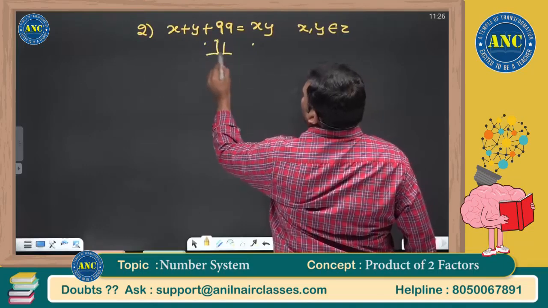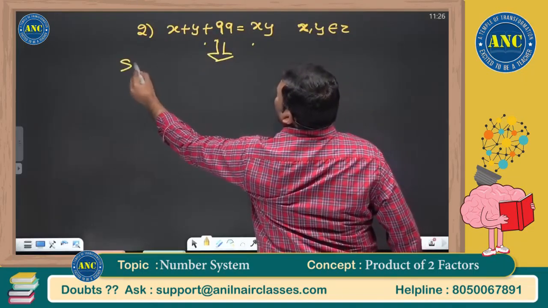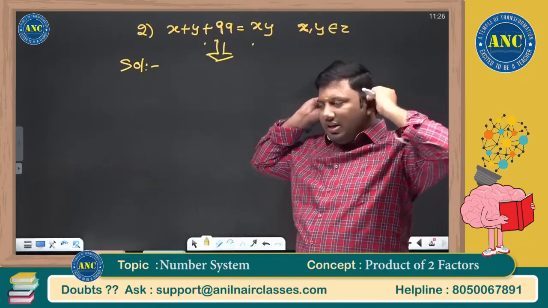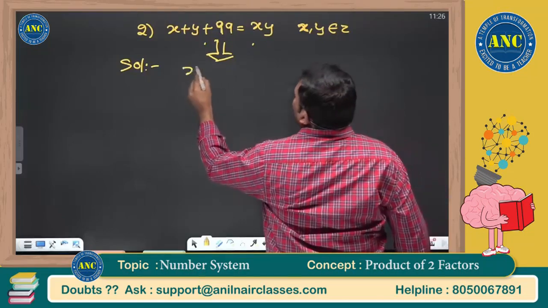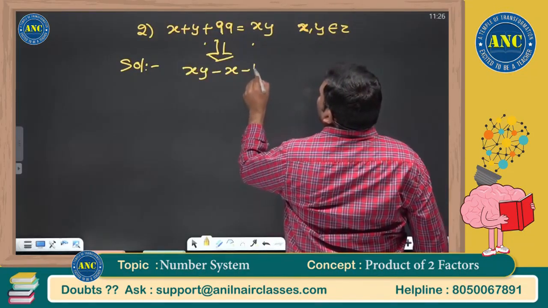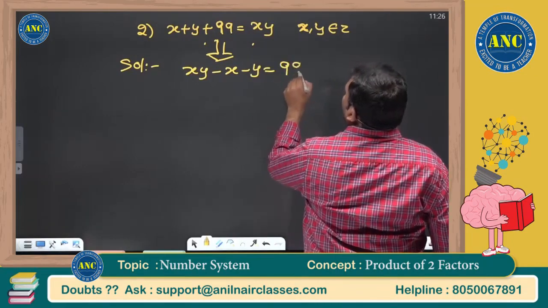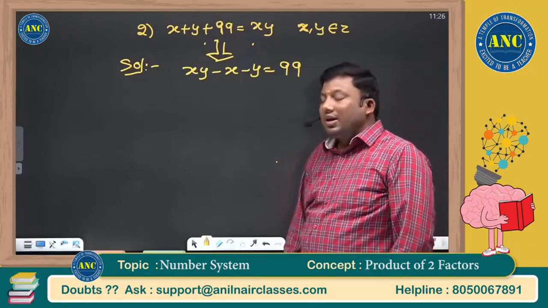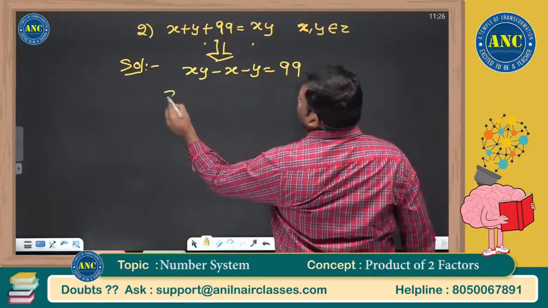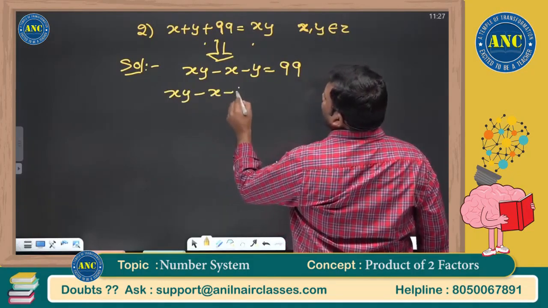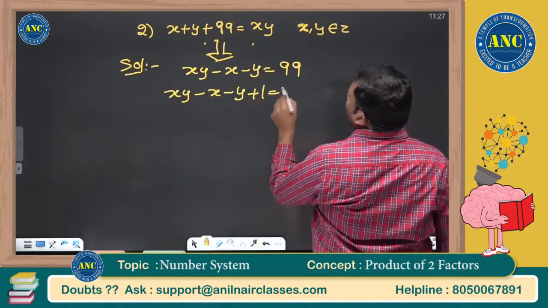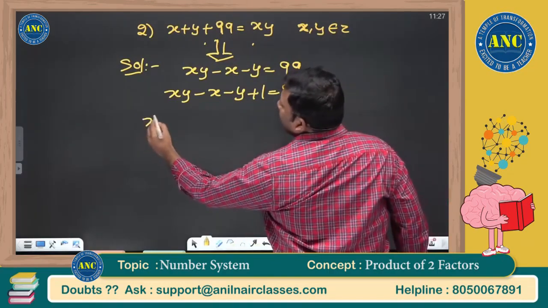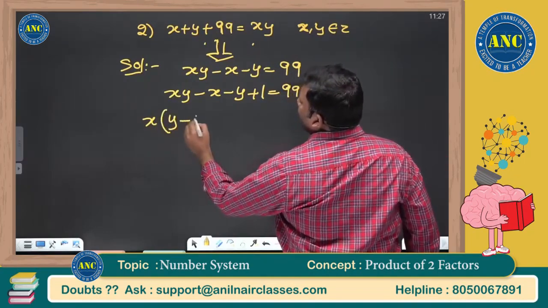Again, the first thing that we should do is check the degree of the equation. The degree of the equation is 2. Push everything to the right hand side: xy minus x minus y is nothing but 99. Add 1 on both the sides, so I can write this number as a product of two factors. x common, remaining is y minus 1.